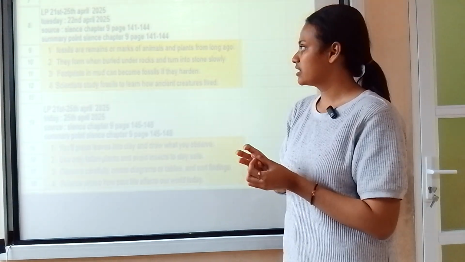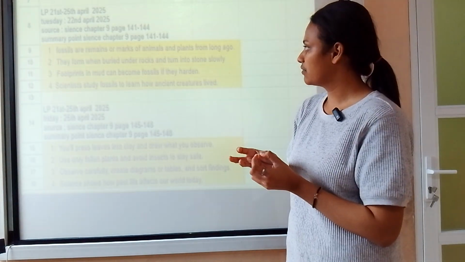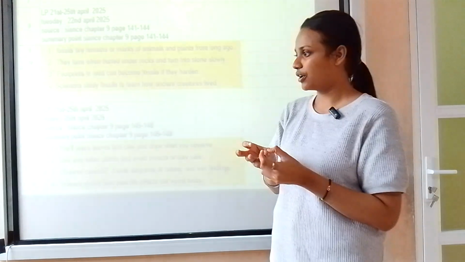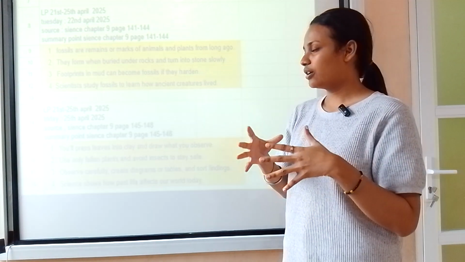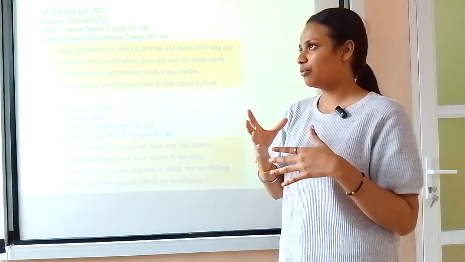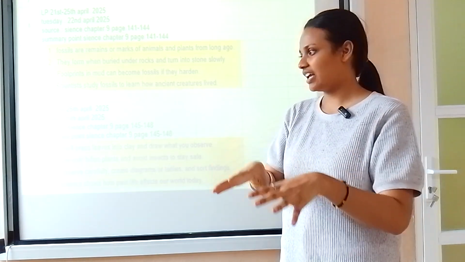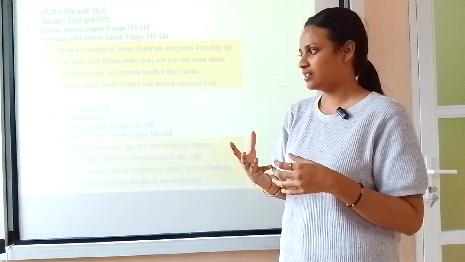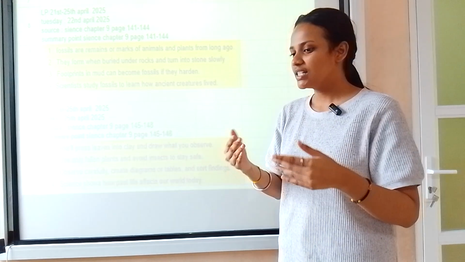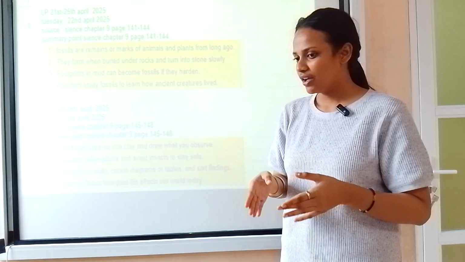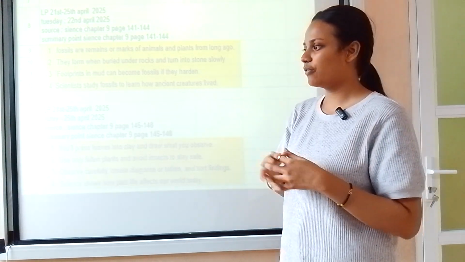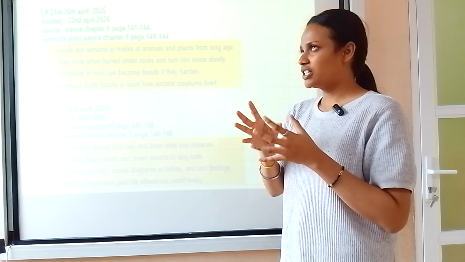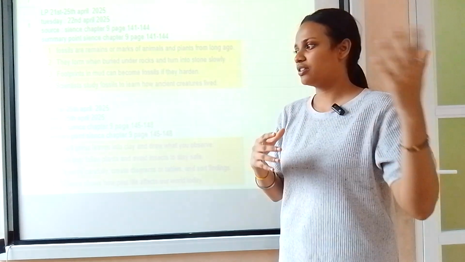And next, footprints in mud can become a fossil if they harden. Like I said before, when the animals step in the mud for a long time, it will turn into stone. So we can still see what dinosaur footprints look like, because they have become fossils from thousands of years ago.